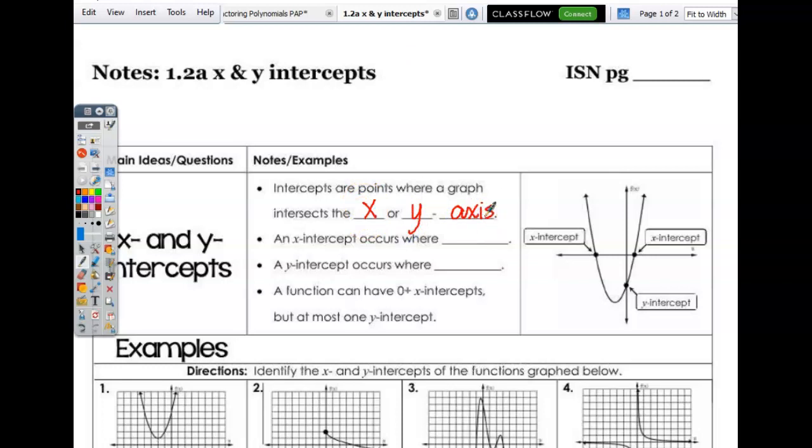An x-intercept occurs where y equals 0, and a y-intercept occurs where x is 0. A function can have anywhere from 0 on up x-intercepts, but you only get one y-intercept, just one. You don't get any more than one.